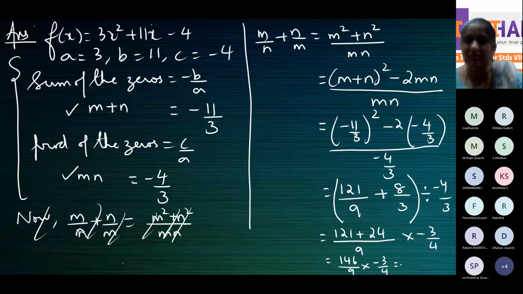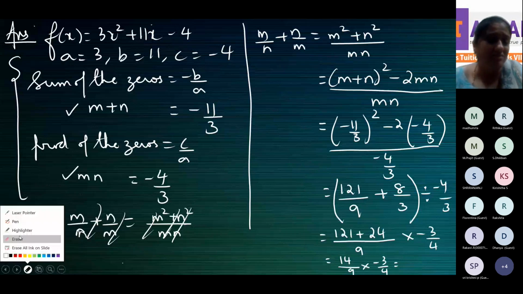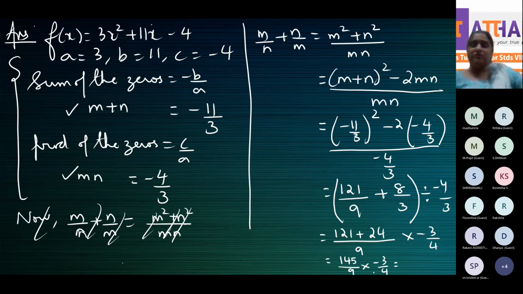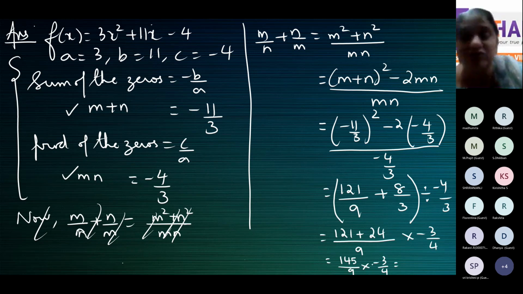I think you can simplify this and tell me. 145, sorry, not 146, 145. I'm very bad at adding, subtracting. I don't feel shy to say that, but seriously, I go wrong everywhere. 145 by 9 into minus 3 by 4. Tell me the answer, children, after simplifying.